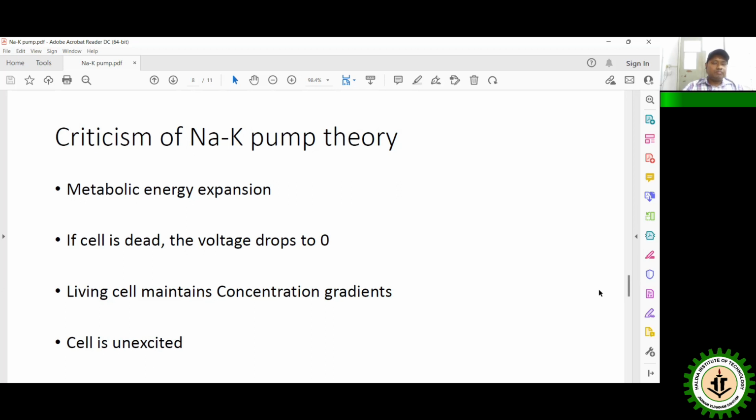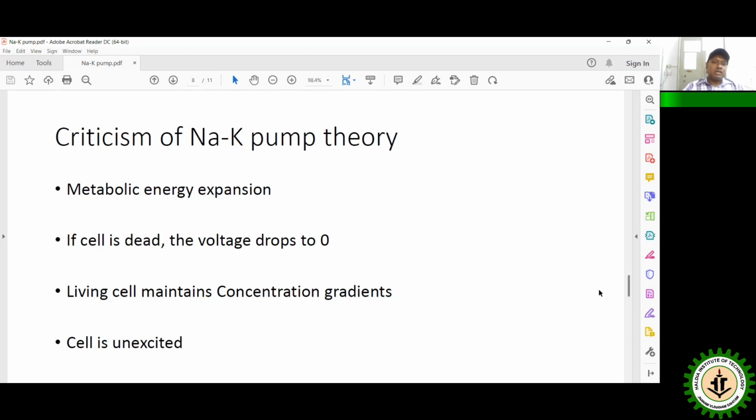The sodium potassium pump will not maintain its pumping. That means no ionic concentration gradient will be maintained, so that voltage will become 0. If the cell is dead, the voltage will drop down to 0.